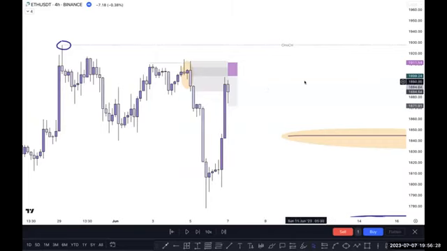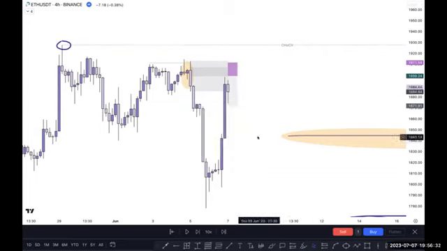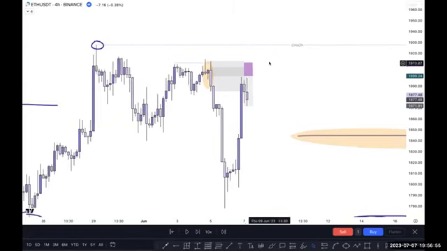Okay. So when it presses and mitigates this one, you have to wait for the 15-minute time frame for a CHoCH as a confirmation, and then we can trade here for the lower time frame entry.